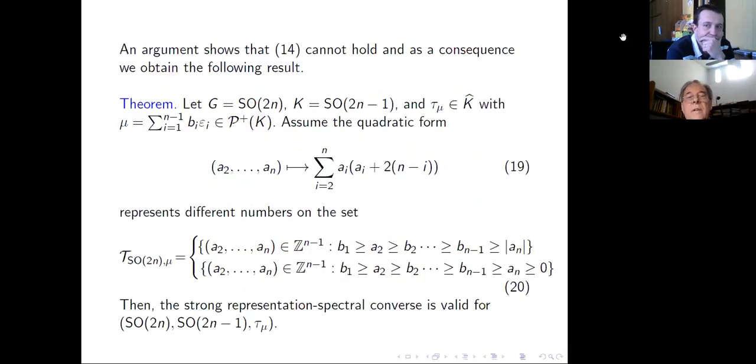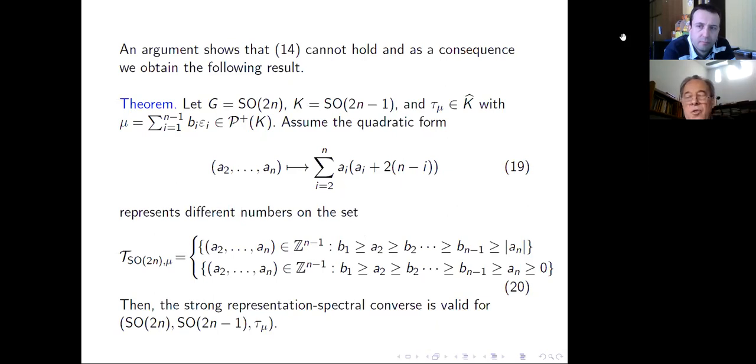So we get the following condition: if G is SO(2N), K is SO(2N-1), and we have tau mu in terms of a sum of b_i epsilon_i, then we assume that the quadratic form 19 represents different numbers on the given set.